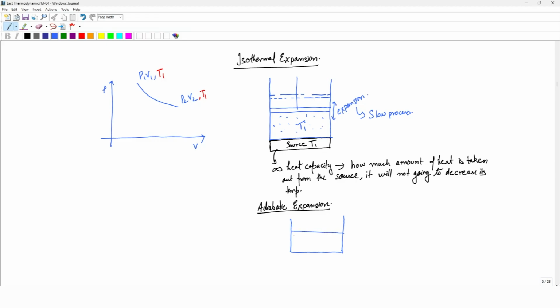So keep this in mind that we are now at the initial condition, that is P2 V2, and this wall also becomes insulating.